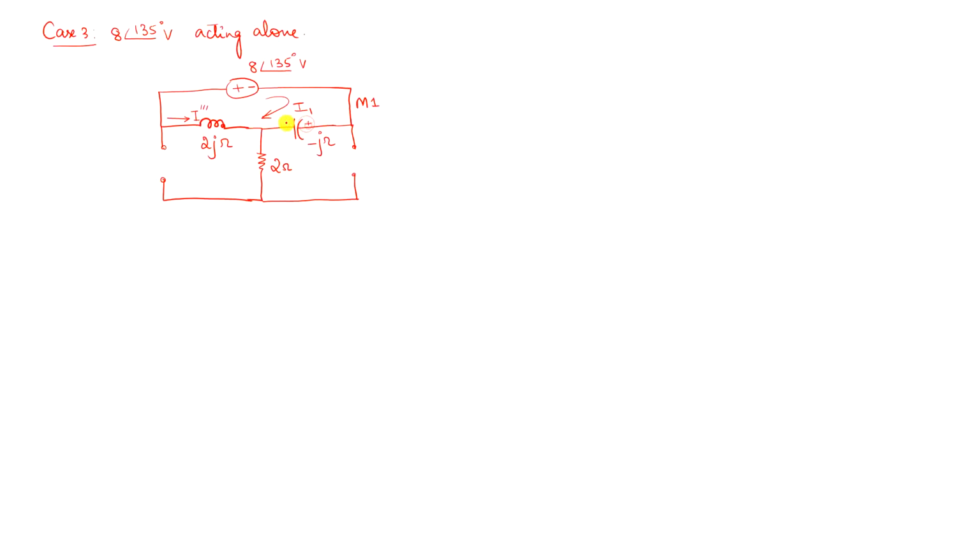So this is plus, this is minus, this is plus, this is minus. And 8 angle 135 degree we have computed in the rectangular form, that is minus 5.656 plus 5.656 J, right? So this is the value. Apply KVL to this.